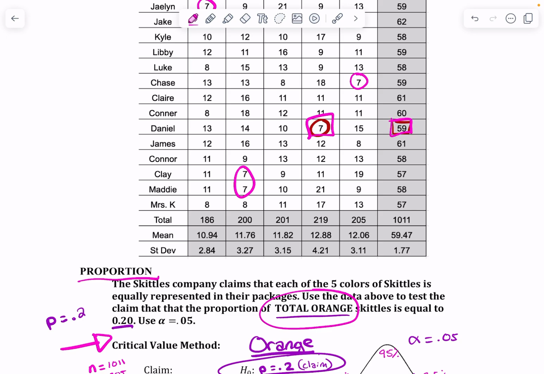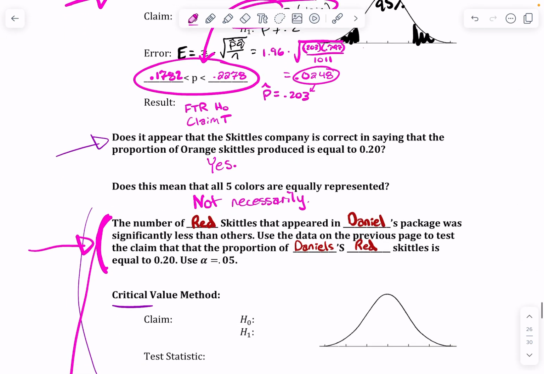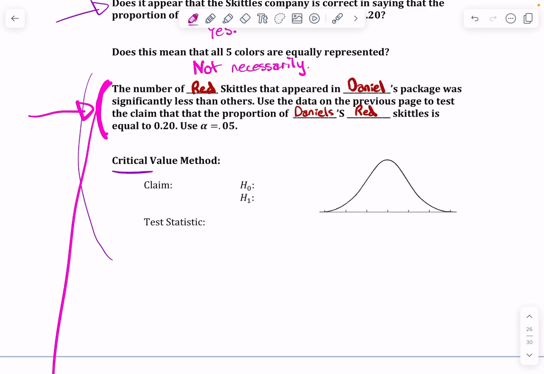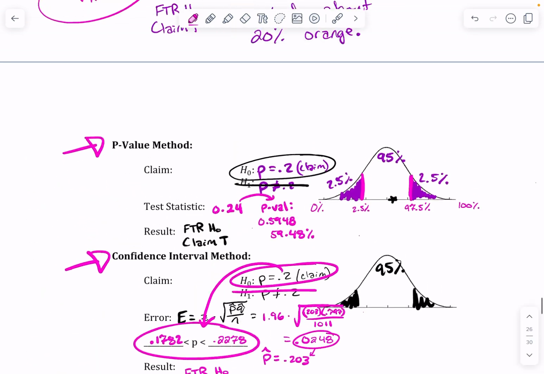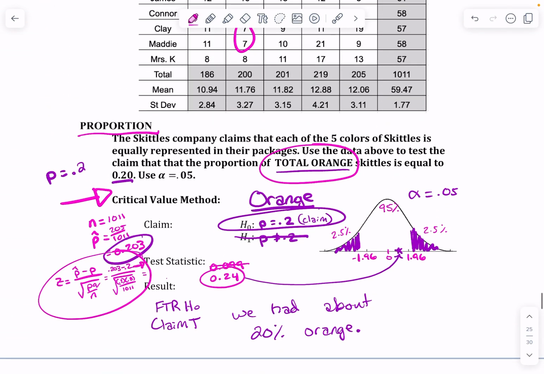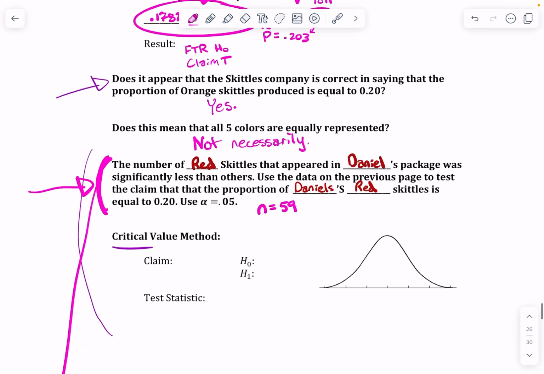So let's talk about what that is going to do to our number here. The number of red Skittles that appeared in Daniel's package was significantly less than others. The number of Skittles that he had in his pack was 59. So we're not doing the total number here, like total orange, which would have been like 1,011 or something like that. We're doing just Daniel's Skittle pack.